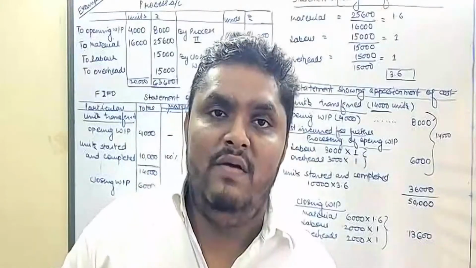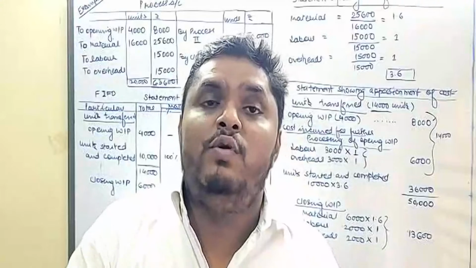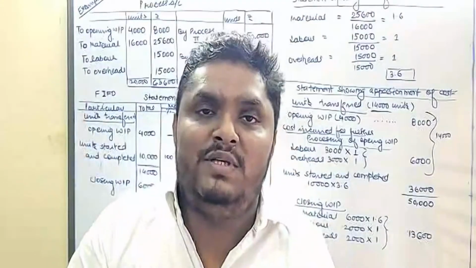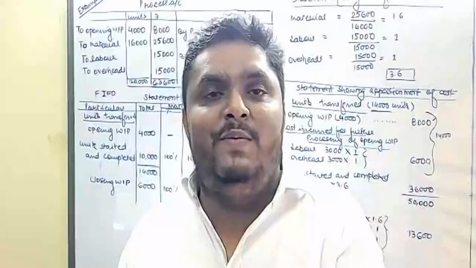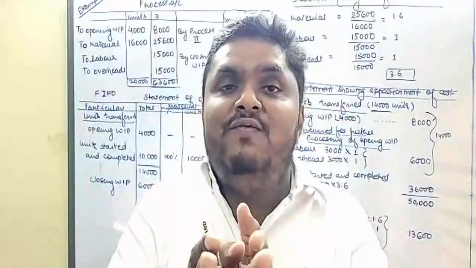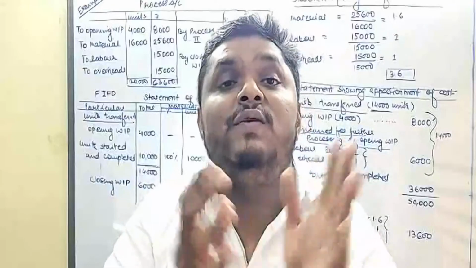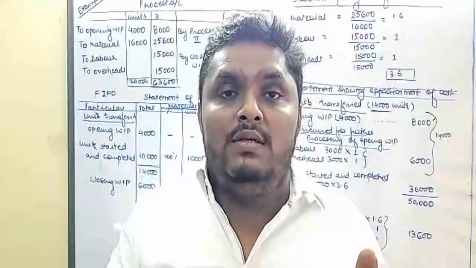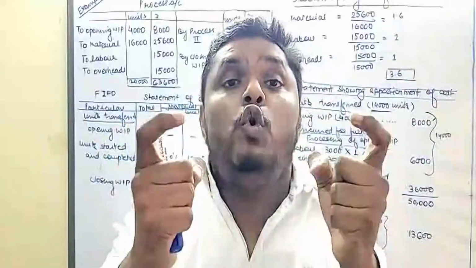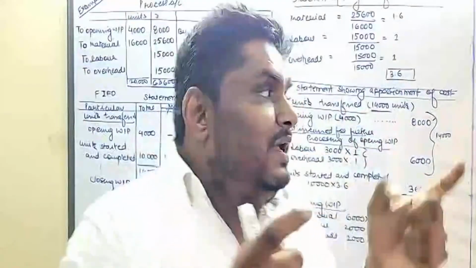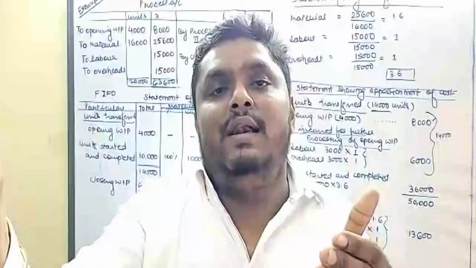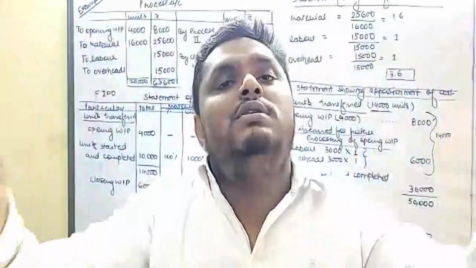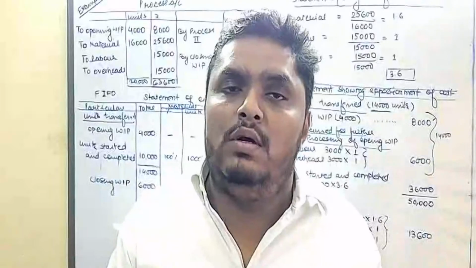See, Dhyanesh, when talking about the cost of units that are transferred to the next process, these 14,000 units are transferred to the next process. Now, out of these 14,000 units, 4,000 units were from opening work in progress. So we have to calculate the total cost of these 14,000 units: the total cost of the 4,000 and also of the 10,000.